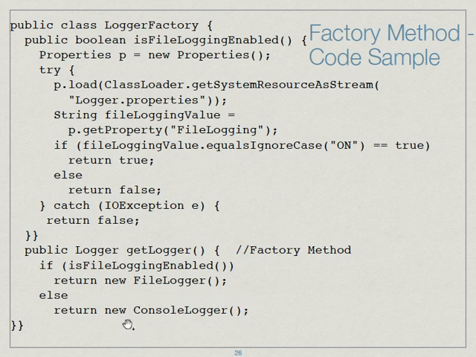If it's not enabled, it calls new console logger. So you know that the idea of factory method is to make the logic all in one place so that other people just call the method, and this decision will be here.